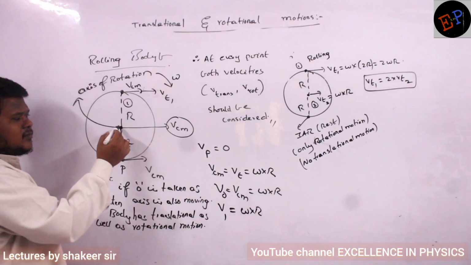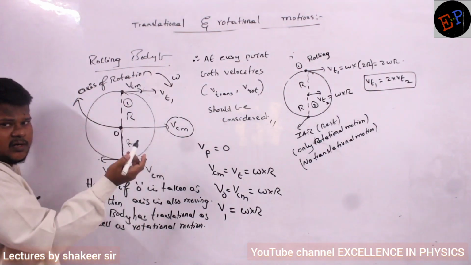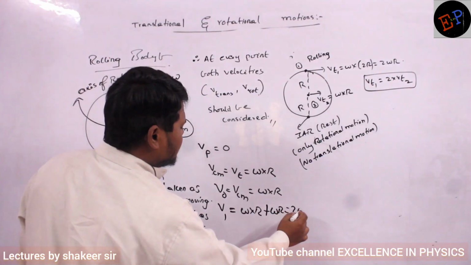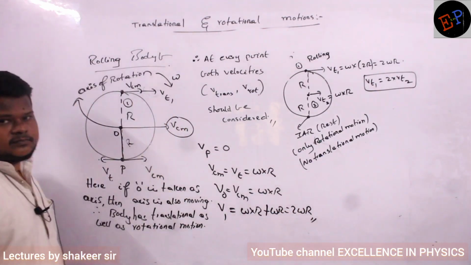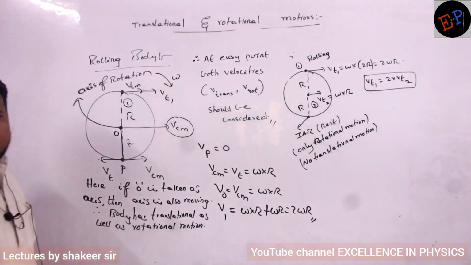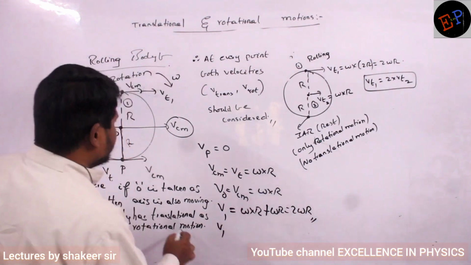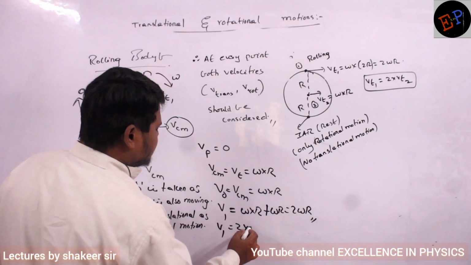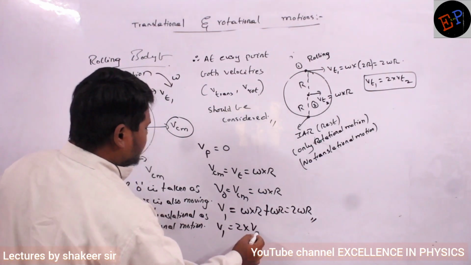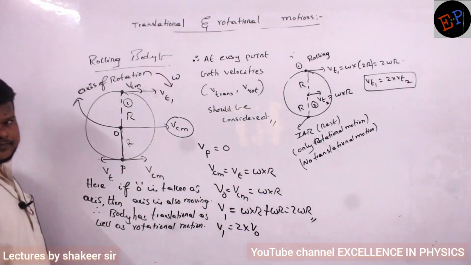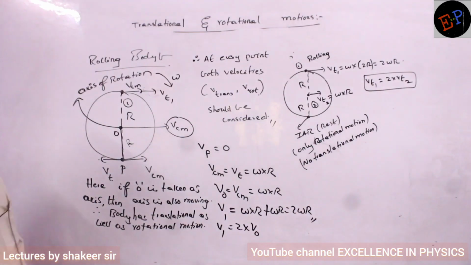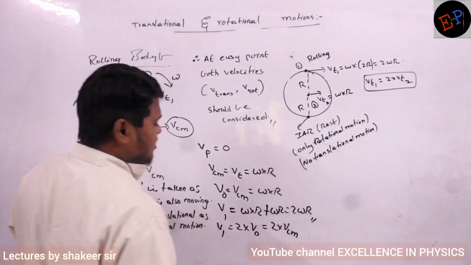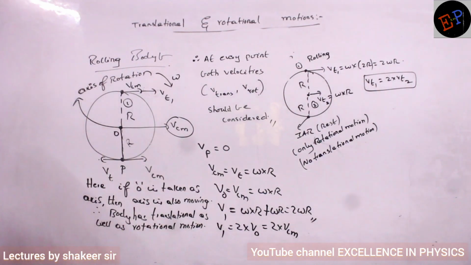Again omega into the perpendicular distance, R. So omega into r plus omega into r, which is 2 omega into r. So the velocity of this first point is 2 times the velocity of point O, or 2 times the velocity of center of mass.